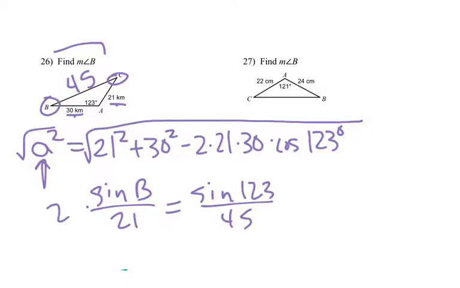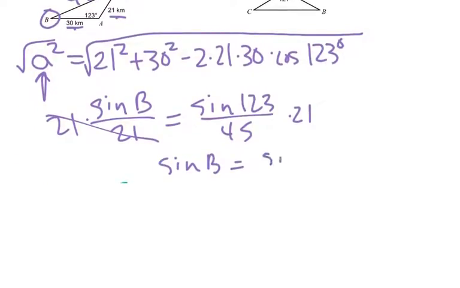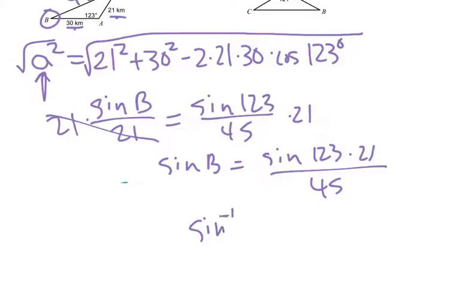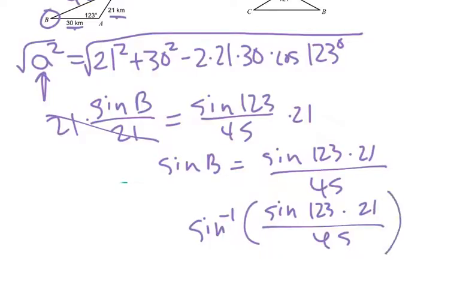Times by 21 on both sides. We get the sine of angle B equals sine of 123 times 21 over 45. Then I'm going to do that inverse trick again, and that's going to get my answer for me. So I'll type that into my calculator really quick.